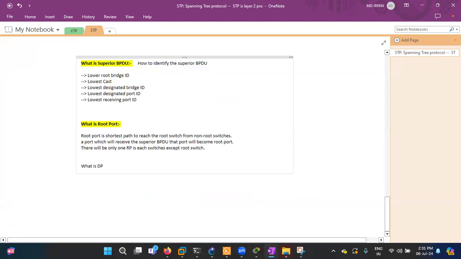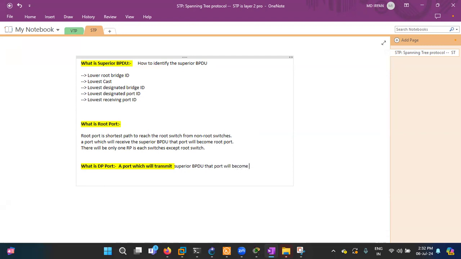What is a DP port? A port which will transmit the superior BPDU, that port will become the DP port.